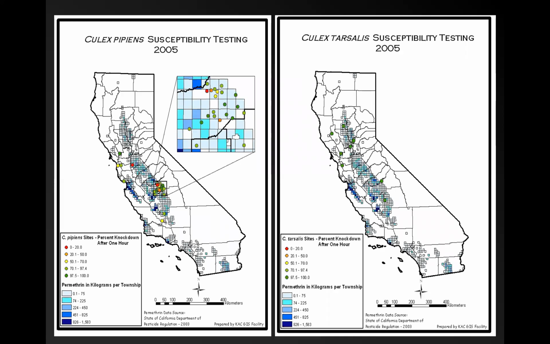And you can't necessarily make the assumption that where there's extensive use of pyrethroids, one would expect the populations to be most resistant. This is mainly agricultural use of pesticides. The amount of pesticides that we use in mosquito abatement is actually extremely small compared to what's used out there in the agricultural industry.